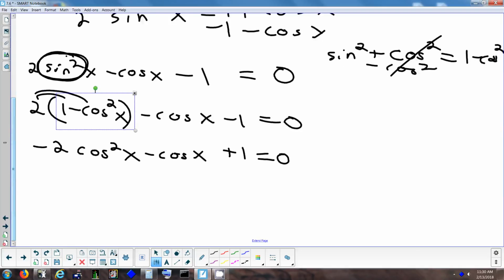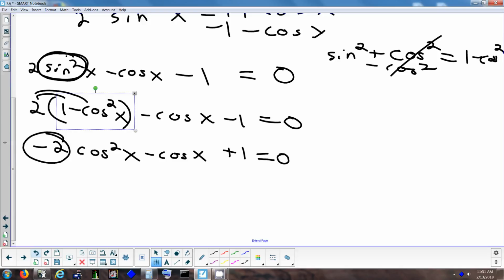Okay. Now, I want to see if we can factor this one, going right to the trig part. If we're going to factor it, we would rather that this number be what? Positive. So how can I make it positive? Change the sign of everything. You don't always have to do that.